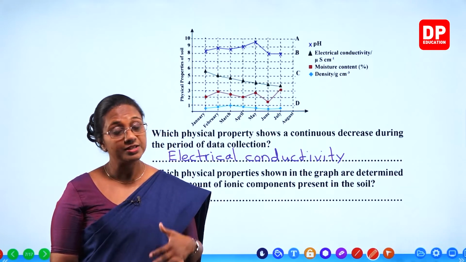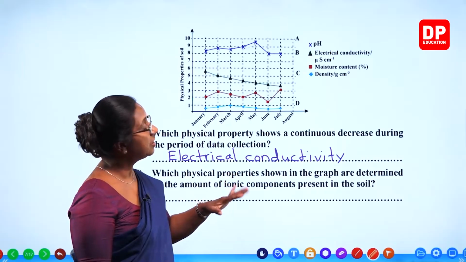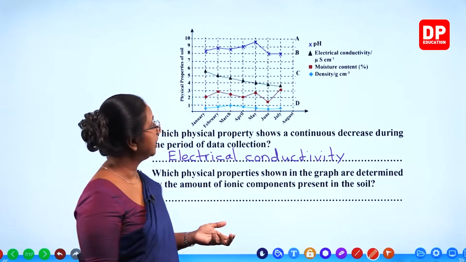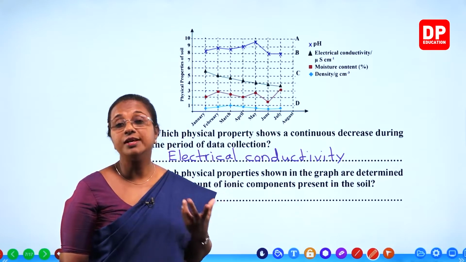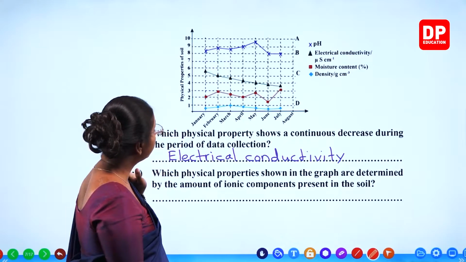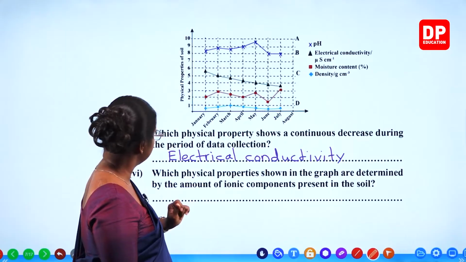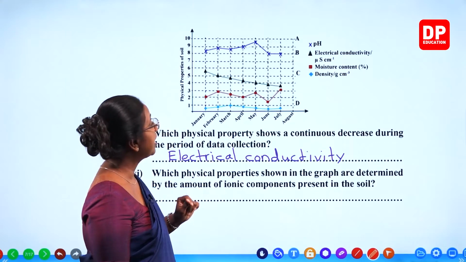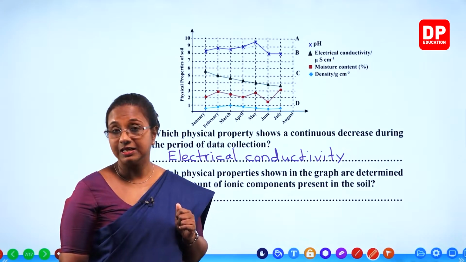No free ions or less free ions, electrical conductivity is less. Then moisture content, of course, it is the water content. Then density is the density depending on all the components. Mass per unit volume. So the two factors or physical properties shown in the graph are determined by the amount of ionic components. It is mainly the electrical conductivity.